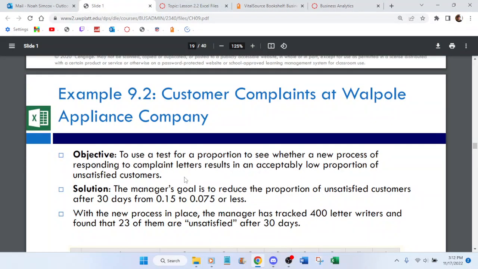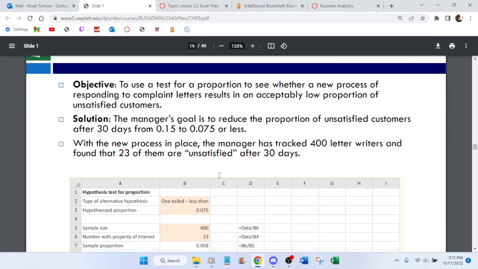Example: customer complaints at Walpole Appliance Company. Use a test for proportion to see whether a new process of responding to complaint letters results in an acceptably low proportion of unsatisfied customers.